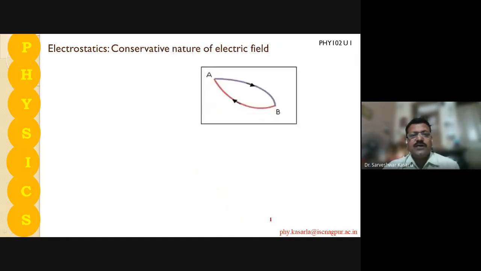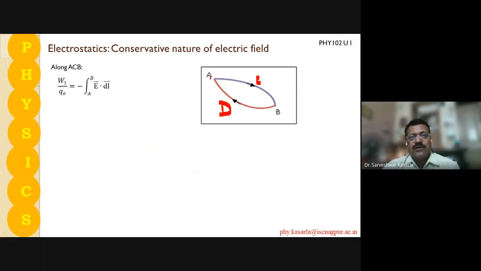Okay, let us continue with the conservative nature of the electric field. So the electric field is conservative. Let us see what the conservation of the electric field means. If you move the charge along ACB, let us consider this point as C and this as D. Along ACB we have W1 upon Q0 is equal to minus the integration from A to B of E dot dl.